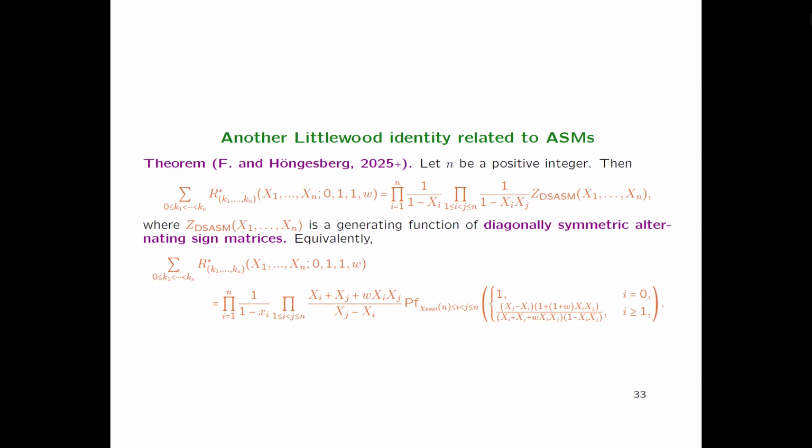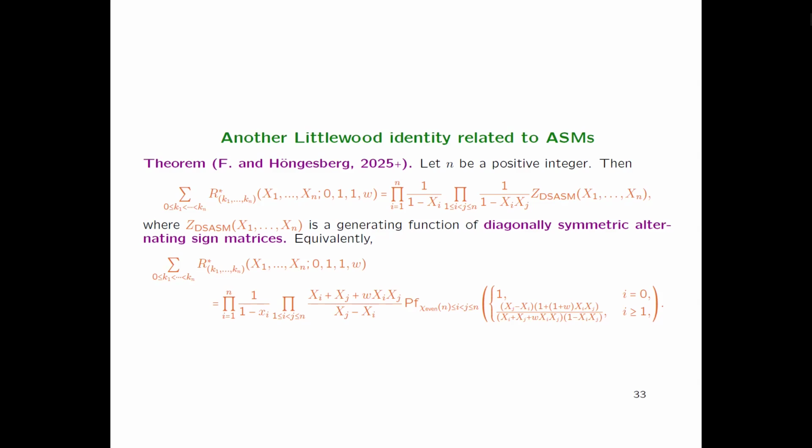That's again the true monotone triangle case, so there's no sign involved. And this identity tells you that if you sum over all these Robbins polynomials, you get the ordinary product that you get for the Littlewood identity and some generating function of diagonal symmetric alternating sign matrices.